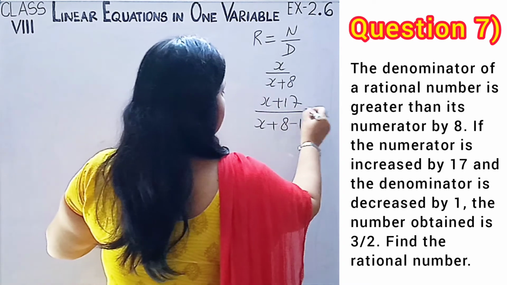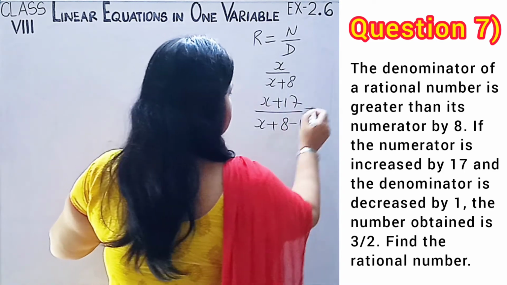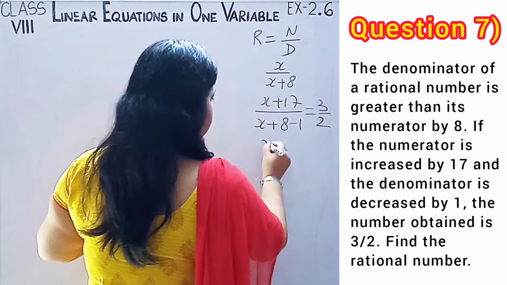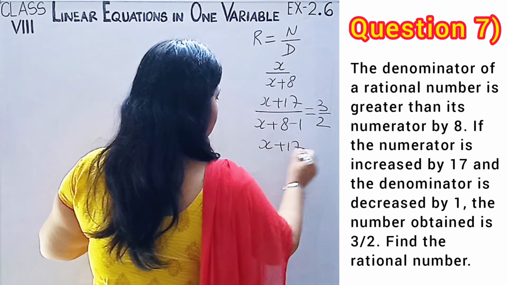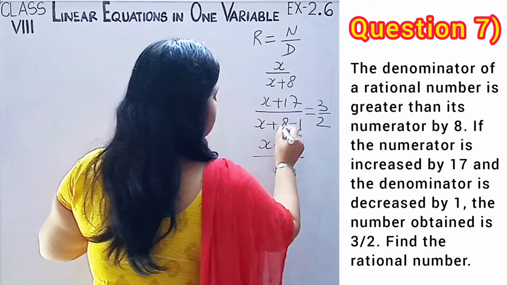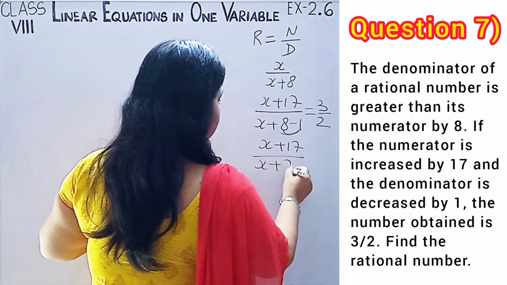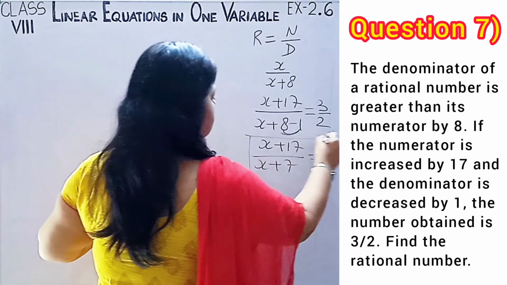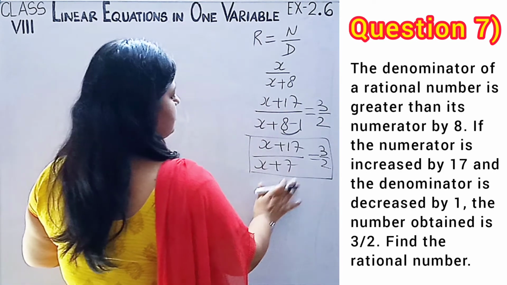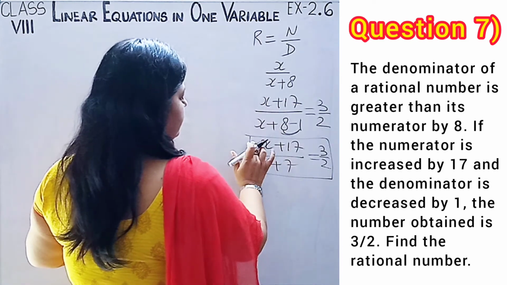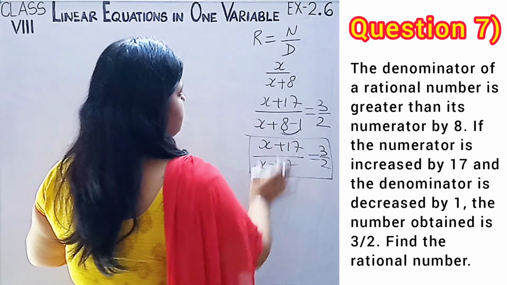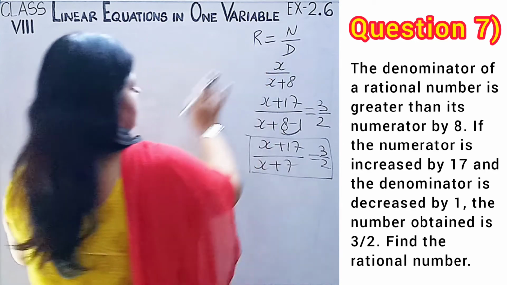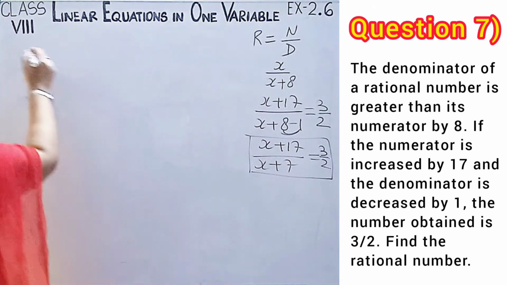So the result obtained is 3 upon 2. So (x plus 17) upon (8 minus 1, x plus 7) is equal to 3 upon 2. And we got this equation and we have to solve this. From here we will get the value of x, after that the numerator and denominator, and the final answer we get as the rational number.